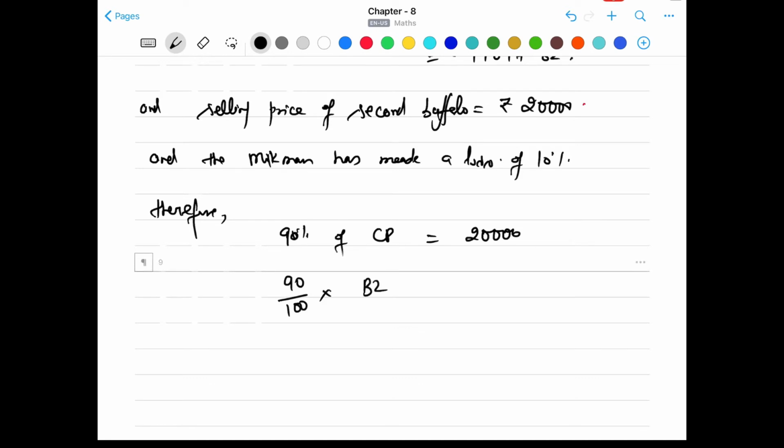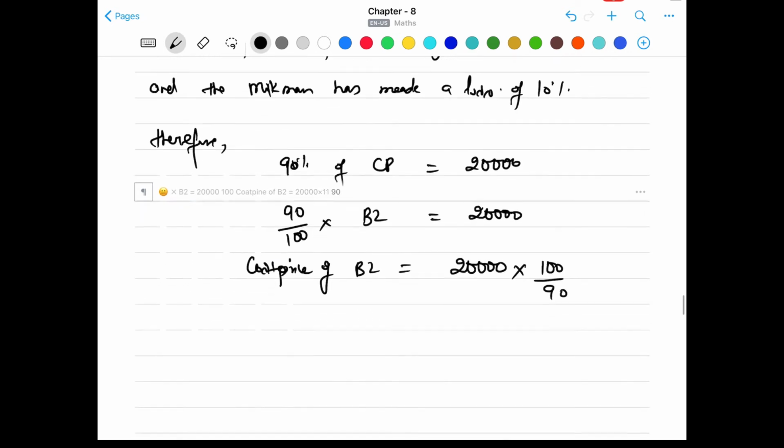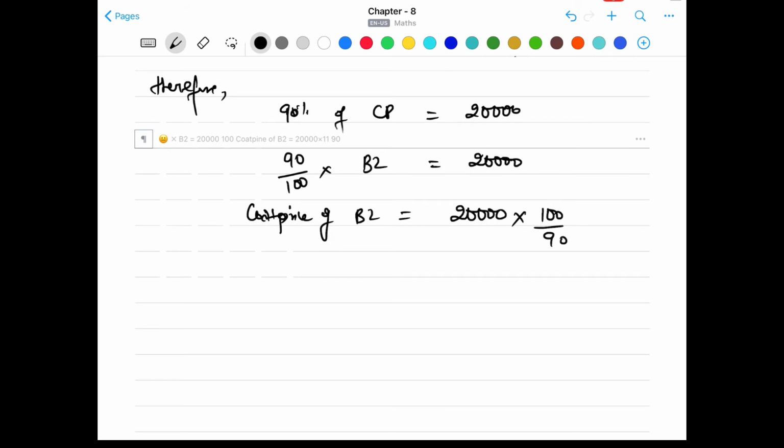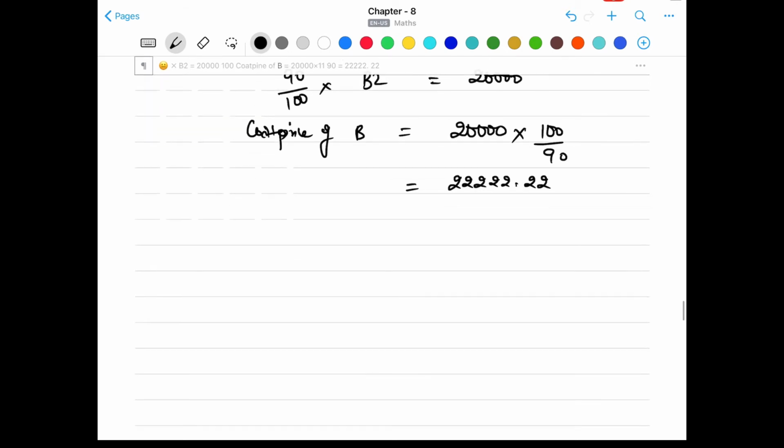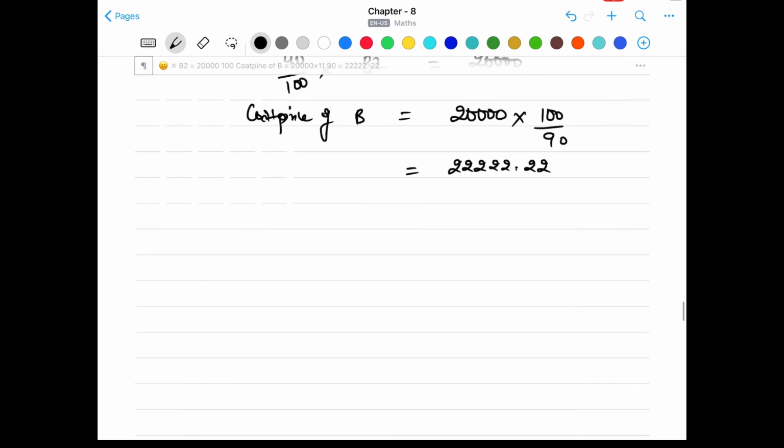So the cost price of buffalo 2 will be equal to 20,000 multiplied by 100 divided by 90. Again we multiply 20,000 by 100 and divide by 90, so we get the result as 22,222.22 rupees. So that will be the cost price of the second buffalo. Now we'll write the selling price, so total cost price.